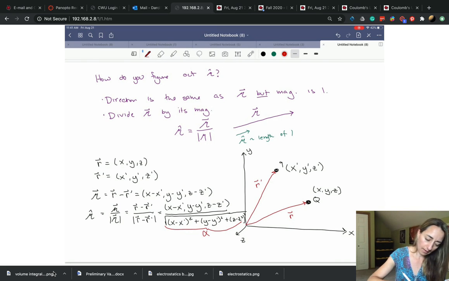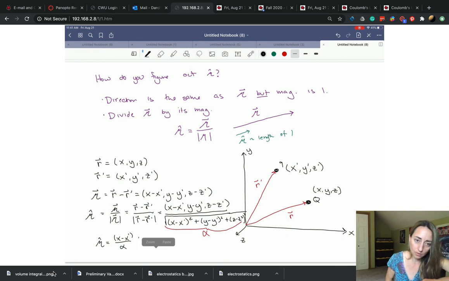If I were going to write r hat, again, this is just super review, I'm trying to be really explicit here, in a different type of notation, our unit vector notation, it would be equal to x minus x prime over this alpha, this variable I just made up so I didn't have to write out that big thing in the denominator. That would be the length of the vector in the x hat direction, our unit vector pointing in the direction of the x-axis.